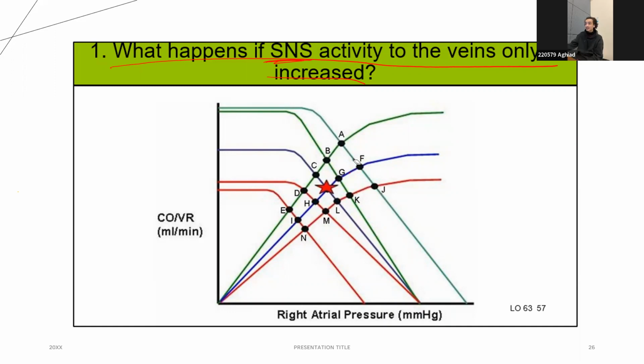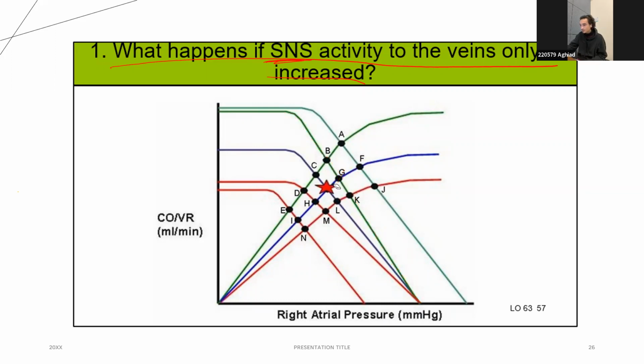Yes, it's F. Because as you can see here, G has a different curve. You see? And we did not mention anything about arteriolar resistance, right? Since we did not mention anything about arteriolar resistance, then G should be incorrect. Does that make sense?